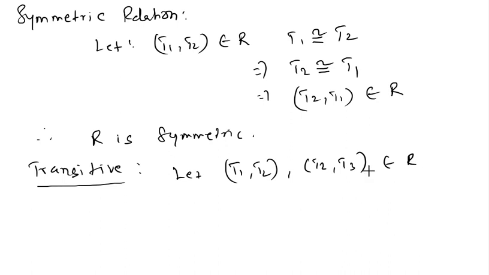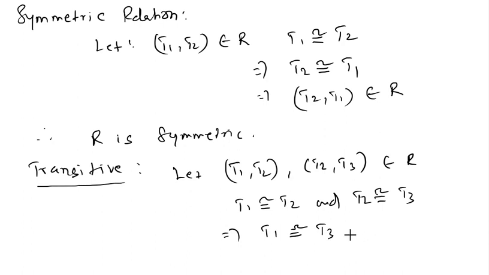So (T1, T2) belongs to R. Now from the definition, T1 is congruent to the triangle T2 and T2 is congruent to the triangle T3. If we combine these two, then straight away we can say T1 is congruent to the triangle T3.